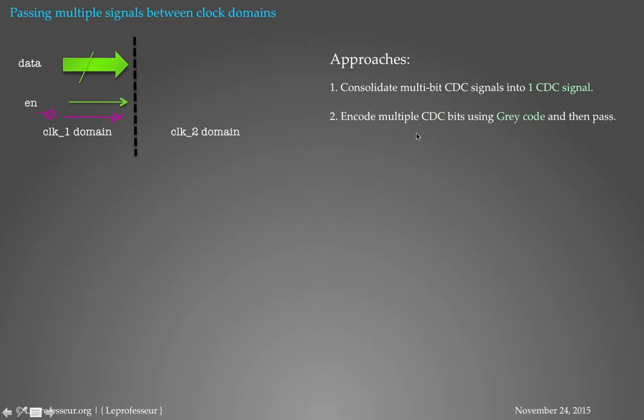Now another approach is that you can use a gray code. For example, you have an enable and a ready signal, and these signals will have possible values 0 0, 0 1, 1 0, 1 1.